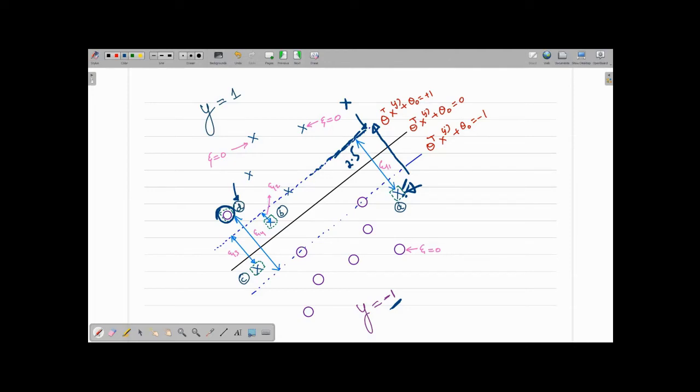Similarly, if you do it for the others, like for this one, again this value is 2.5. Why? Because this is a wrongly classified point, but the distance of this point from the correct hyperplane is 2.5. So this is the correct hyperplane for 0. So that's why zeta is actually telling you that distance.